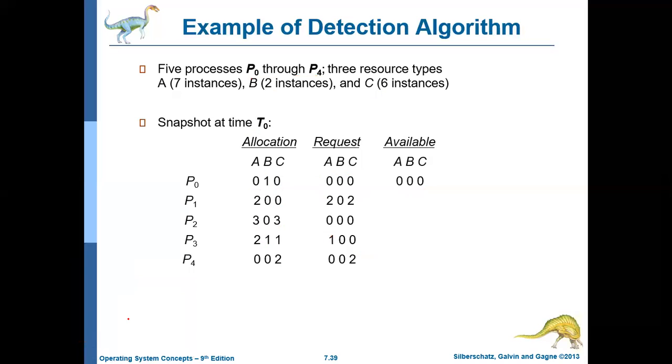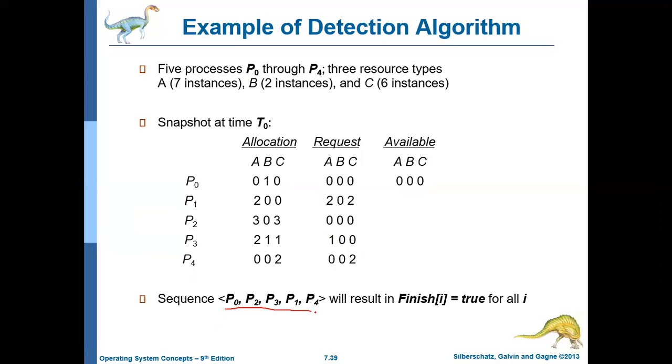At this point of time, the system is actually in a safe state, because there is a safe sequence, so the system will not result in a deadlock if you apply that algorithm, because multiple instances of each resource type are available.